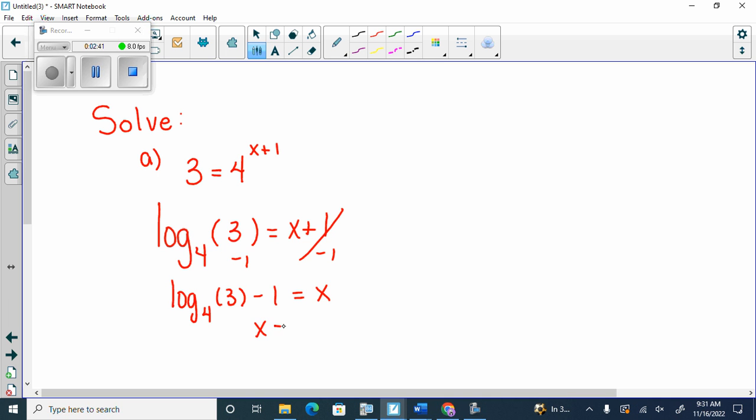And x equals something. Now, every single person is typing this in. If you have the log base button, you're going to be using that button. If you have the TI-83s, how are we going to type this in? We're going to go log 3 divided by log 4, hit enter, then subtract 1, correct? So if you have a TI-83 and you do not have the log base button, you are going to have to type it in like this.